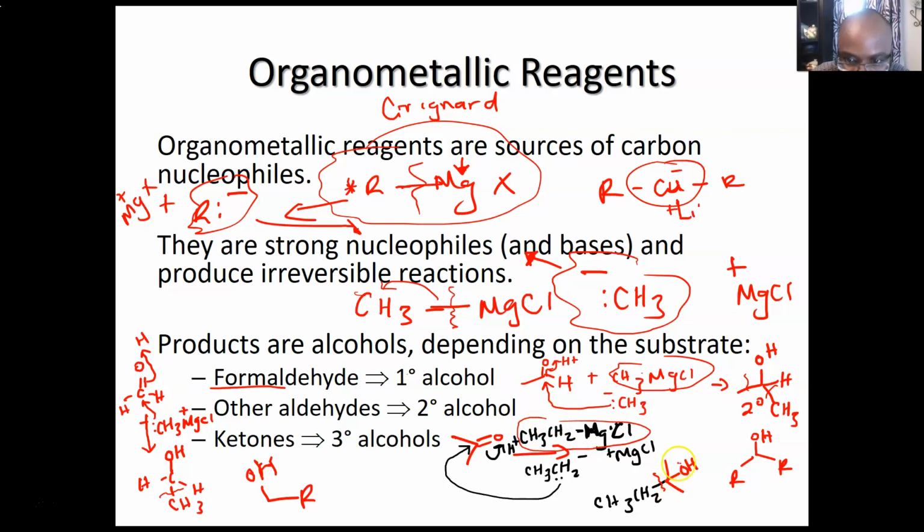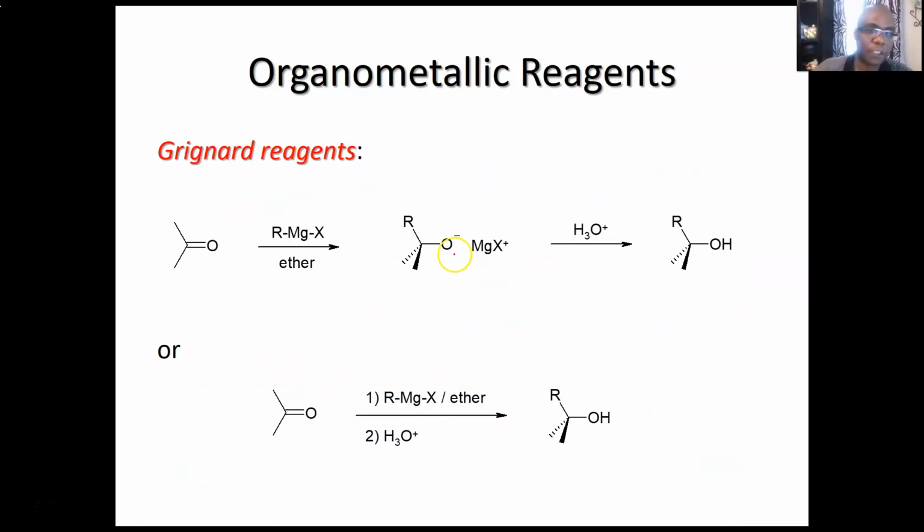So now you see you have three R groups. Three R groups means that you have a tertiary alcohol. So ketones will give you tertiary alcohols. Other aldehydes will give you secondary. Formaldehyde, as explained here, will give you a primary alcohol with Grignard.